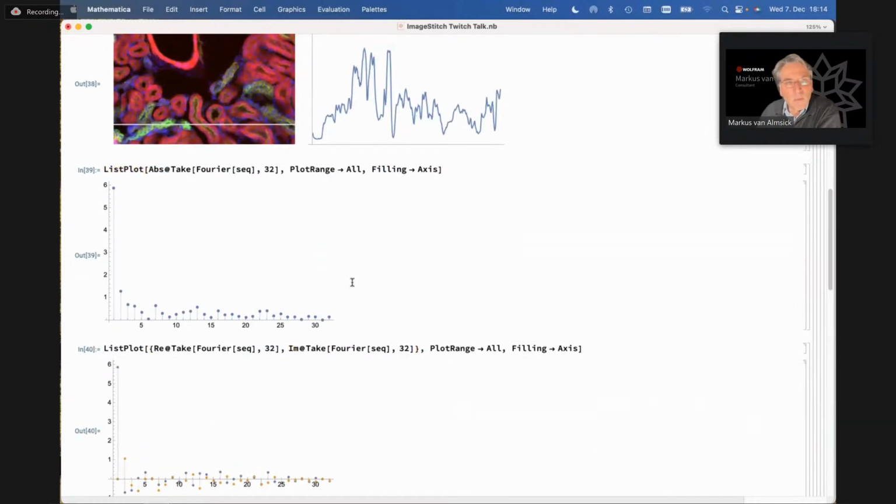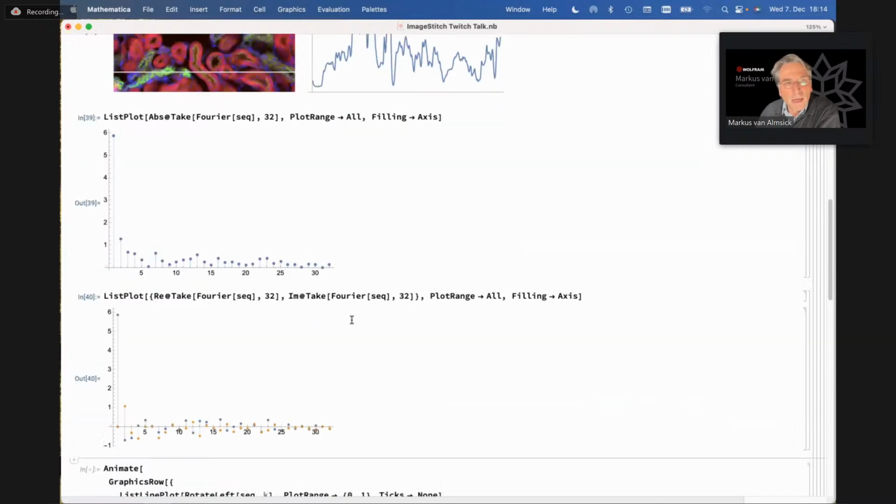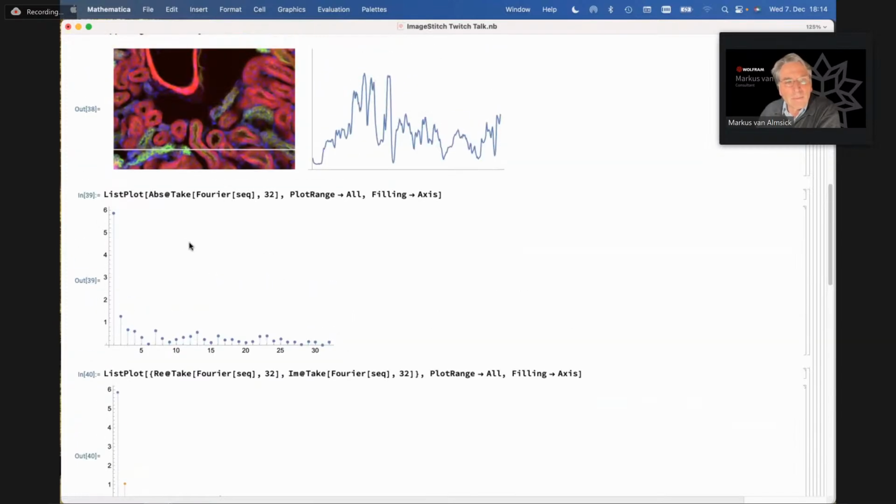is that when you move an image, I have to go back one step. I forgot one vital information. What one easily overlooks here, though, is that the Fourier coefficients are usually complex numbers. So these are just the absolute values.